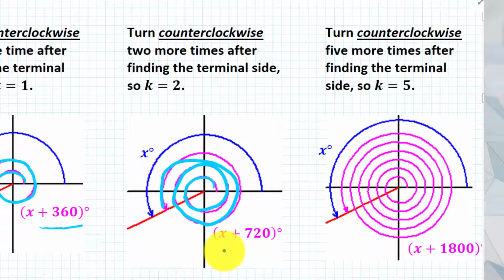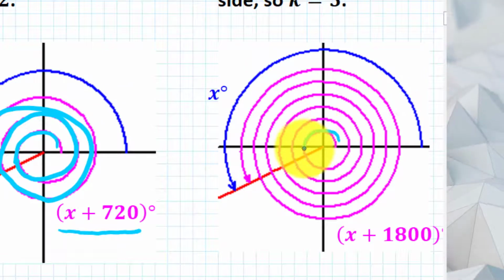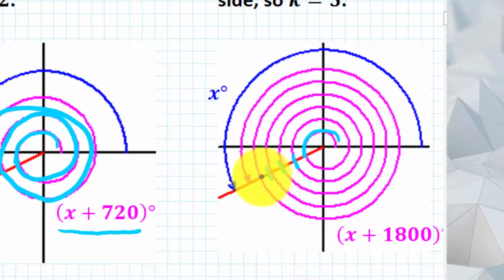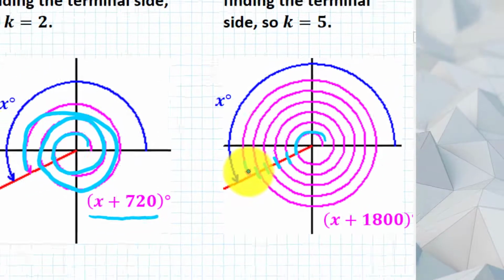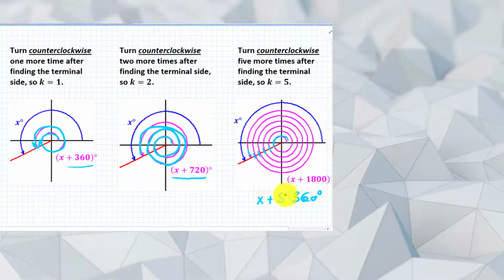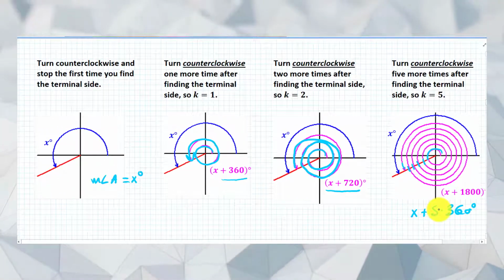So this is x plus 2 times 360, that's 720. And here, look, here's the first time I find my terminal side, and then one more revolution, 2, 3, 4, and 5. So this is x plus 5 times 360 degrees, which is 1800 degrees. This is when I turn in the positive direction.